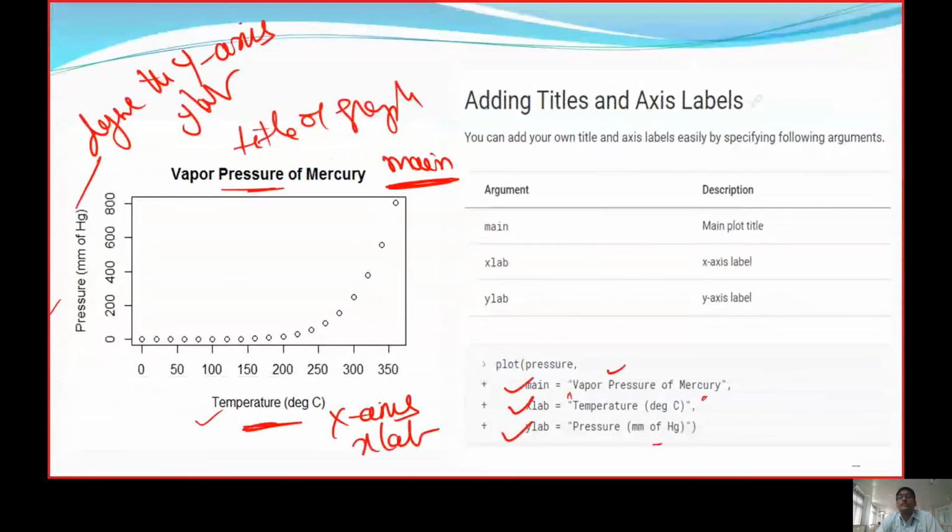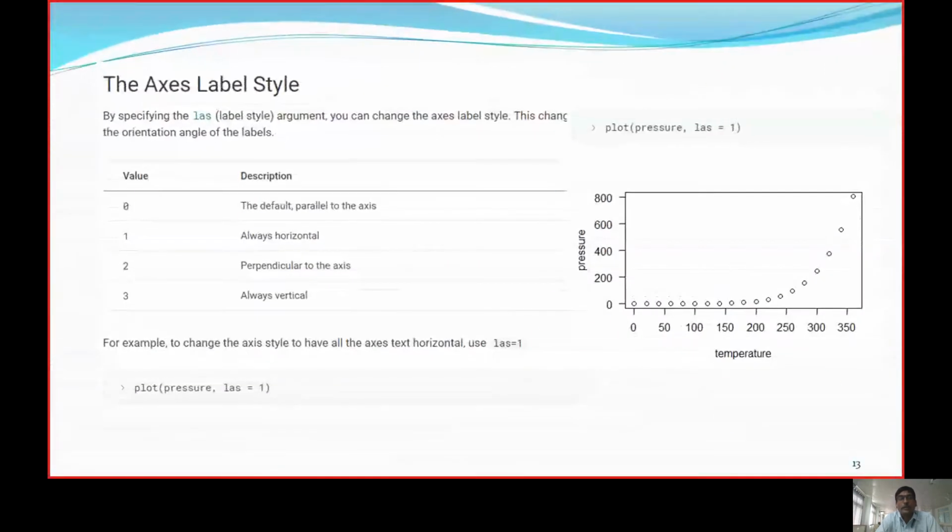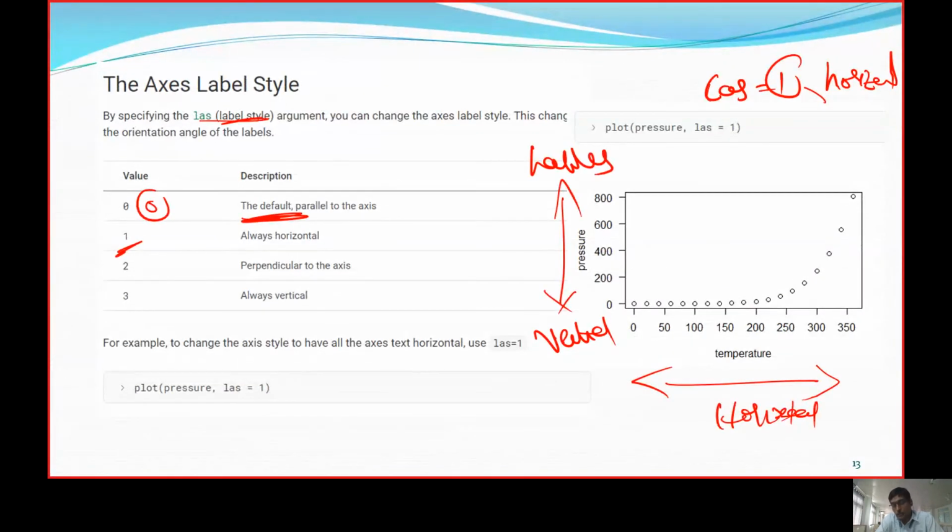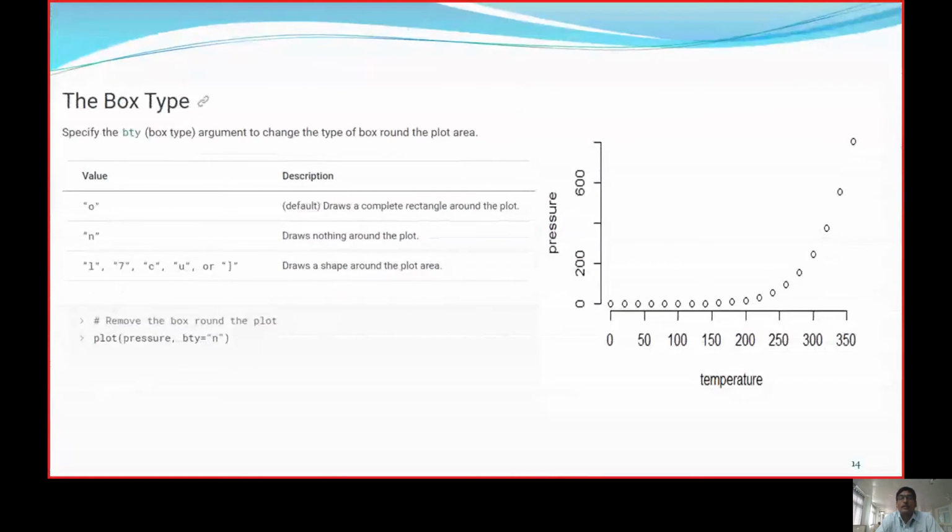After type of a graph, the labels can be given for the caption, main, and then the x-axis or y-axis can be defined. So that is taken up with main, X label and Y label, and how the label should be displayed, whether they can be horizontal or vertical, that comes with the axis of a label.